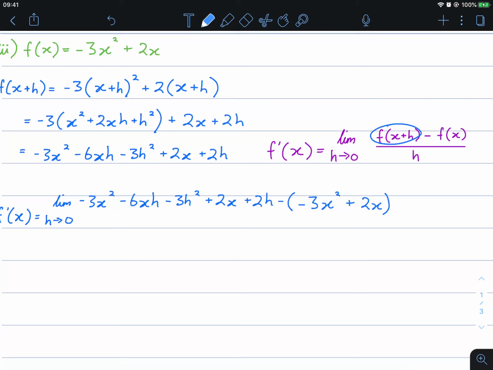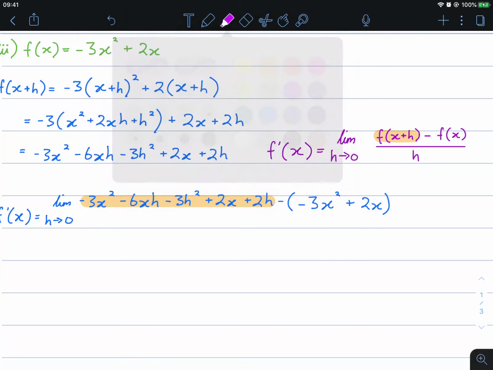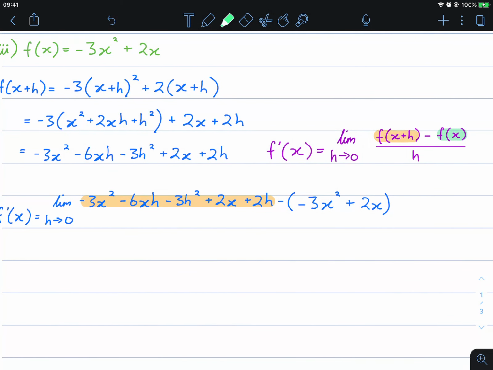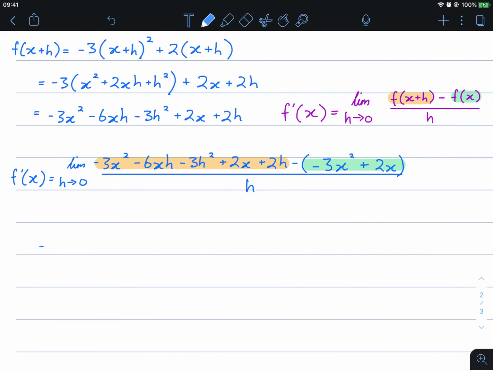So this is f of x plus h, minus f of x. All of this is over h. Copying this.